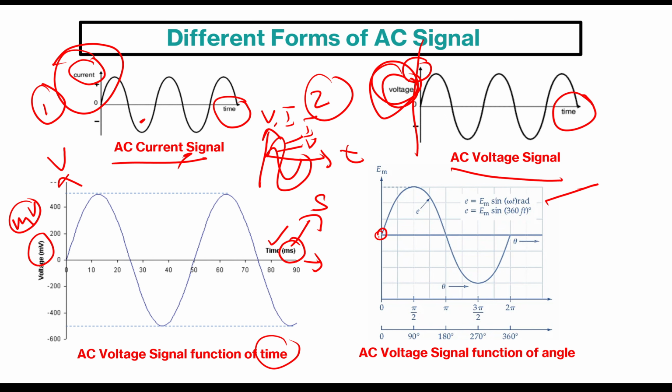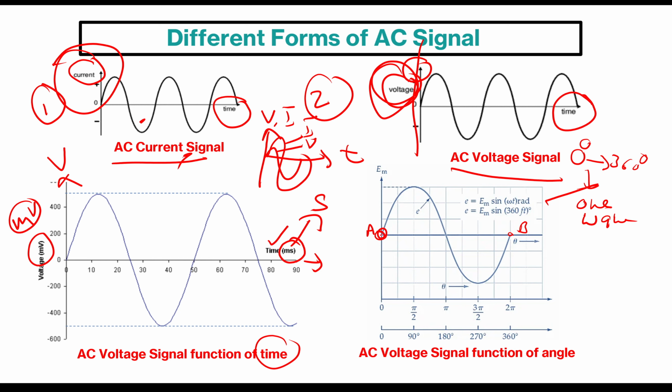If I start from this point, for example, say this is the A point of the signal and this is the B point of the signal, then from the A point to the B point the signal is moving from 0 degree to 360 degree. This is for the full wave, the angle of one wave.